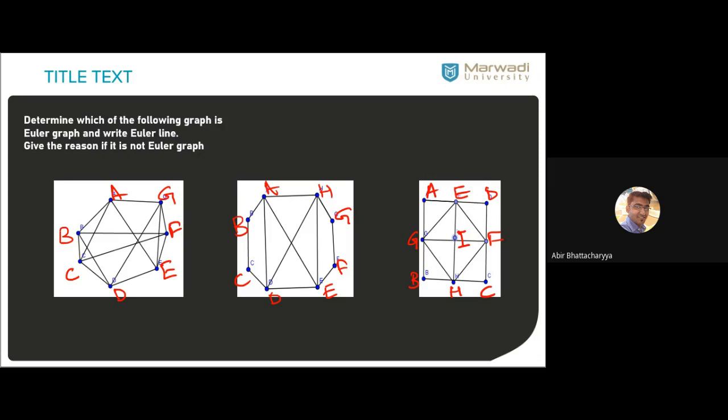So you have to write that I have tried to construct a Euler line, but we cannot find it. Euler line must include all the edges.